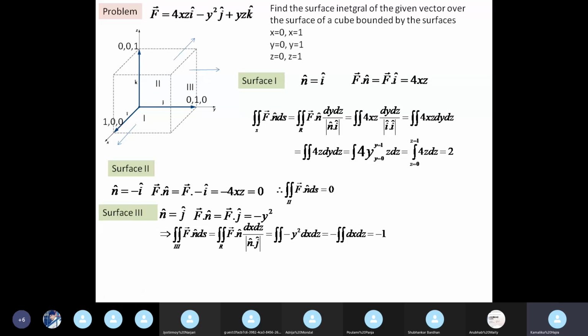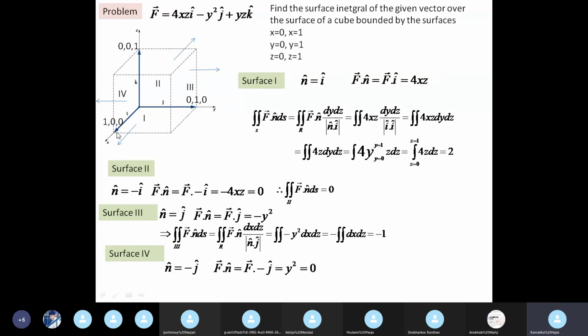Okay. Next, surface 4. This is surface 4, the left surface. And its normal is minus j cap, as you can see. So surface 4, n cap is minus j cap. So f dot n cap is f dot minus j cap equal to minus y squared. Value of y on the surface 4 is 0 entirely.